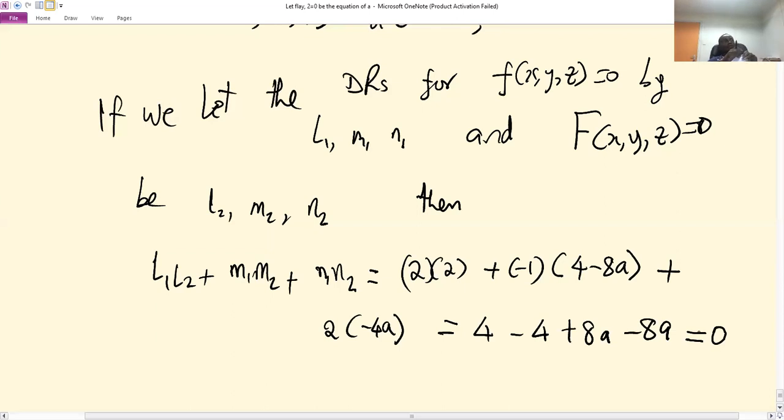Now, whenever the sum of products of the corresponding direction ratios is 0, that's a confirmation that the two surfaces are perpendicular.